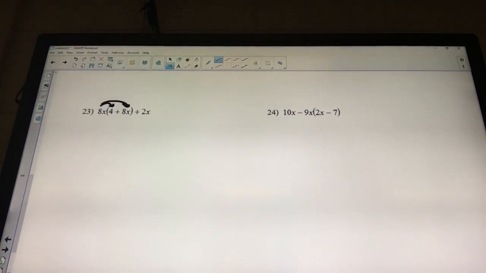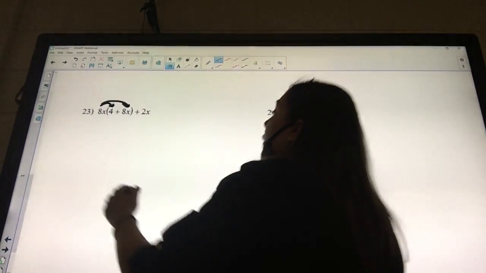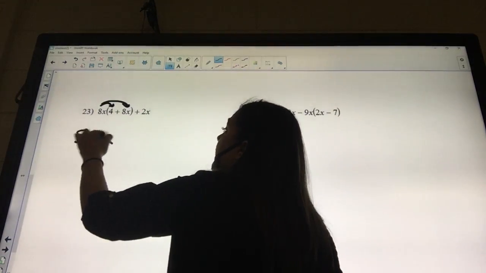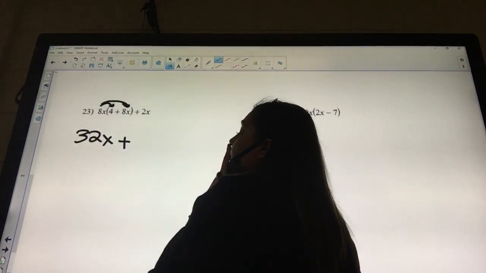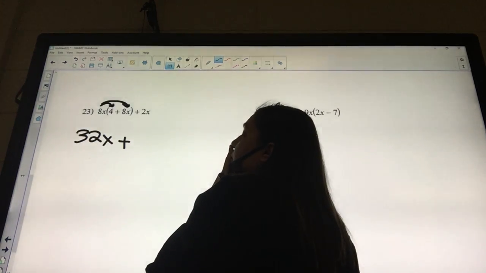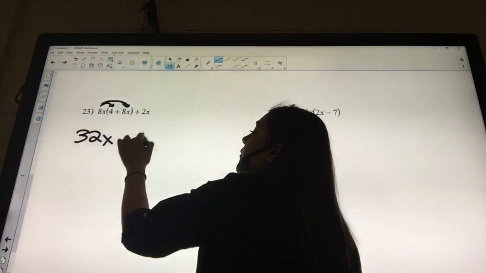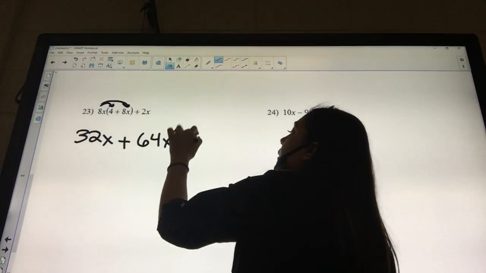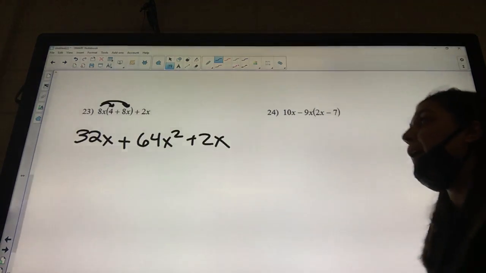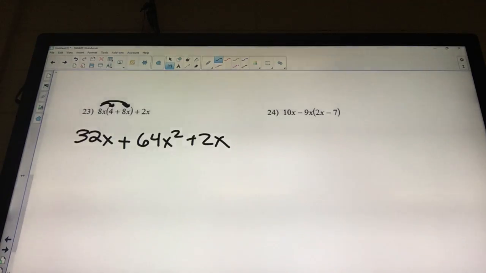Okay, 8 times 4 is going to be 32x plus what? 64x squared. Perfect. Plus 2x. What can we combine? 64 and 32. 32x.